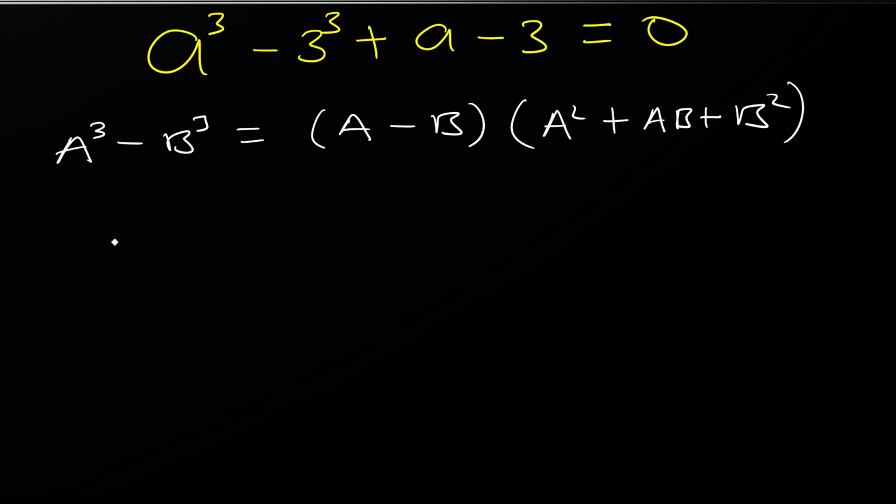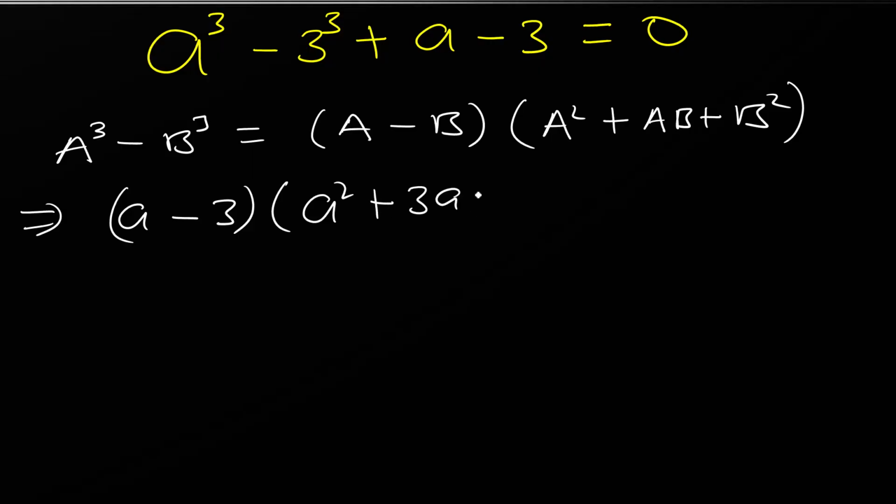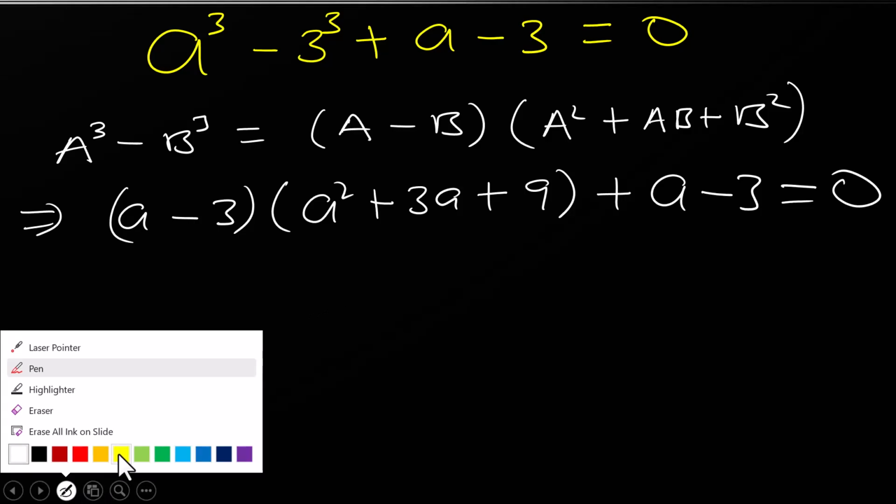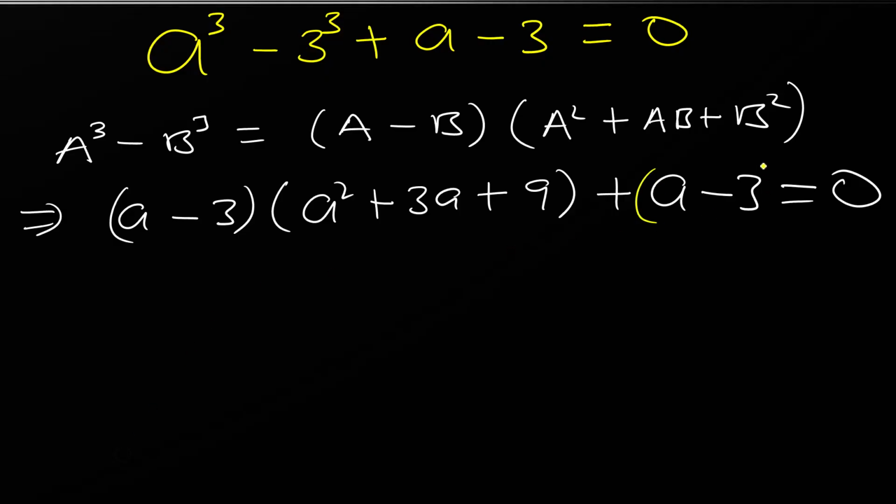Okay, now let's compare this one to this. So that would be a minus 3, and we have a squared plus the product 3a plus 3 squared, 9, plus a minus 3 equals 0. Now we can factorize a minus 3 out. Just observe a minus 3.